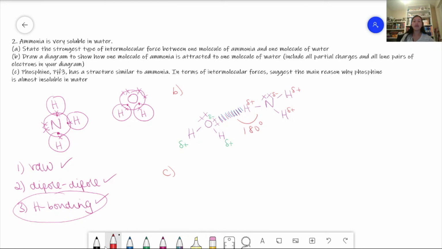But when we have phosphine, we have a lone pair on the phosphorus, and then the 3 hydrogens. So this would be the partially negative. These would be the partially positives. Because the lone pair is on the phosphorus, this doesn't hydrogen bond with any of the water molecules, so that's why it's insoluble.